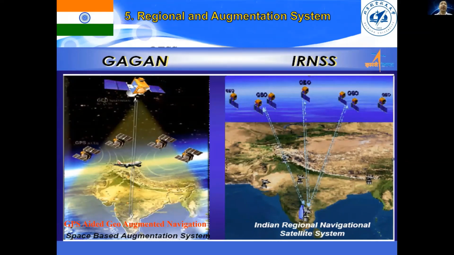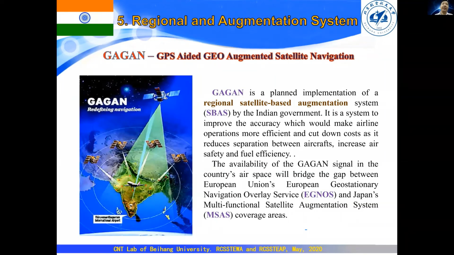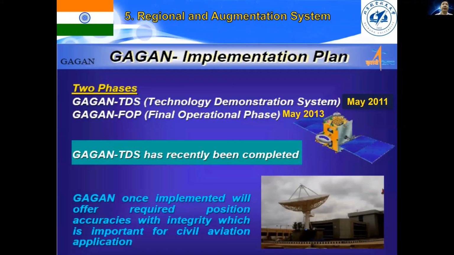This is called GAGAN, or later called IRNSS, the Indian Regional Navigation System, and lastly called NavIC. It is a GPS-aided geostationary augmentation system. So it is similar to WAAS, but they place many satellites on the geostationary orbit.